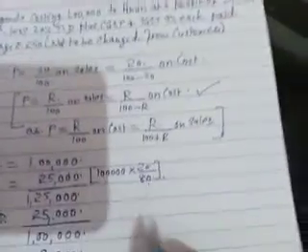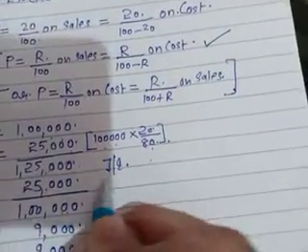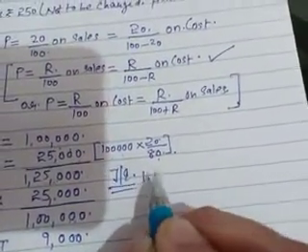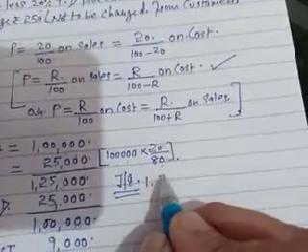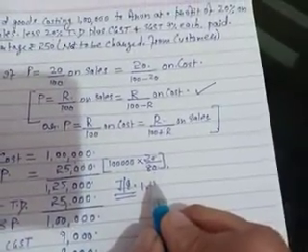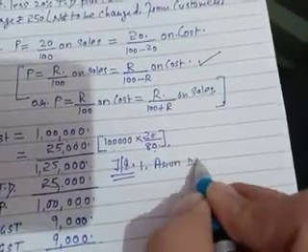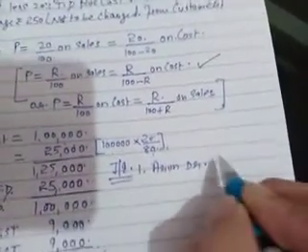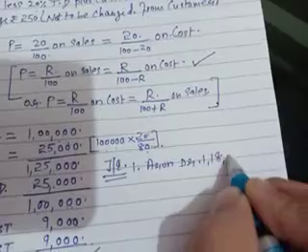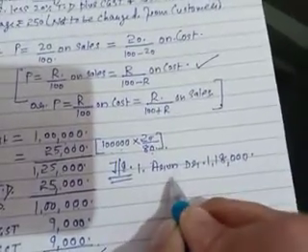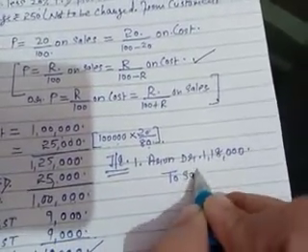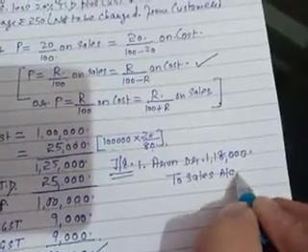Now our journal entries. First, for the sale, the journal entry will be to whom we have sold the goods, Arun. Arun debit with the total amount 1,18,000 to sales account.